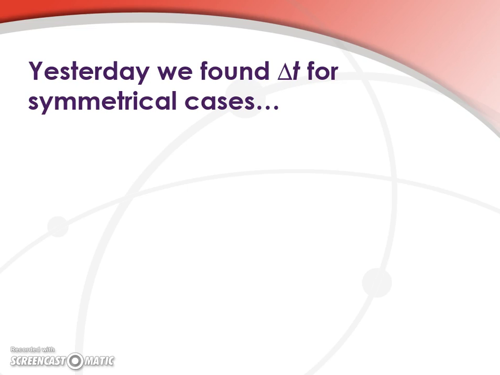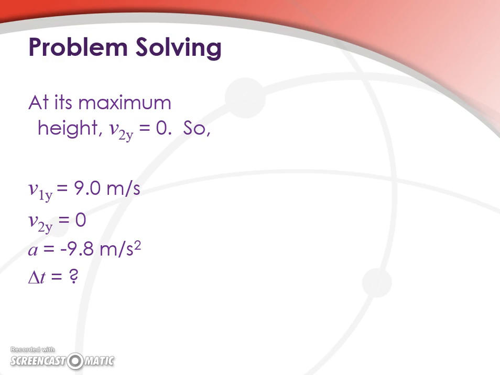So yesterday, we found delta t for symmetrical cases. In our situation, at maximum height v2y equals 0, of course, we had v1y equal to 9 meters per second, acceleration equal to negative 9.8 meters per second squared, and we wanted to find the hang time.